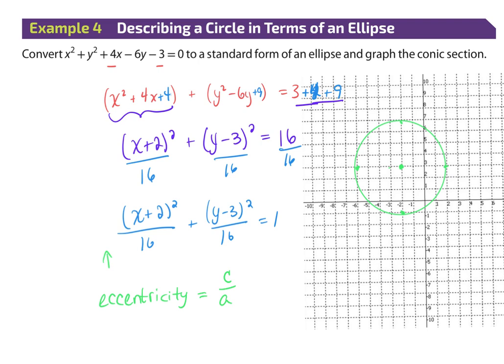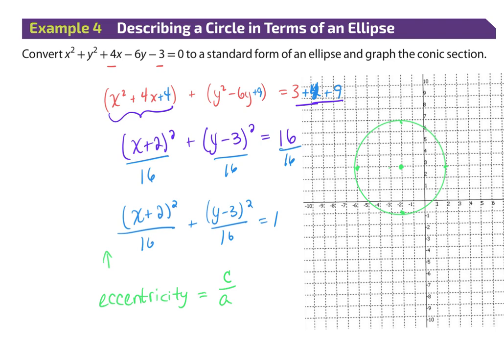All right. So remember that your C value is where those focus points are. Your A value is the distance of your longest, or half the distance of your longest axis. And so when you look at the ratio between those two, it will tell you how elongated it is. Which in a circle, it will be 1, right?